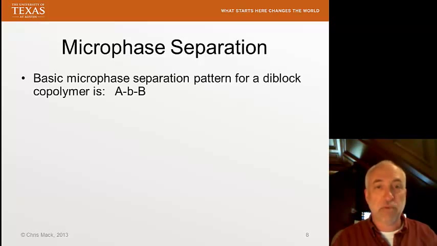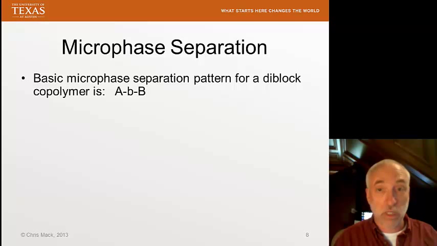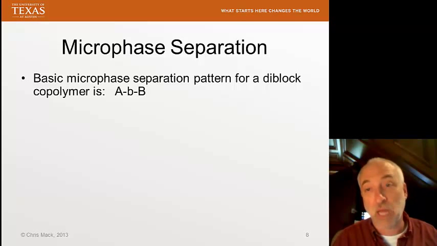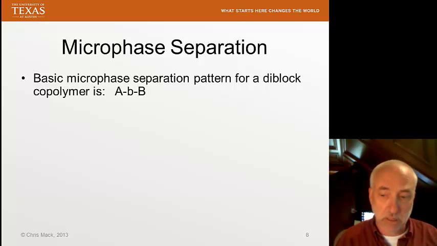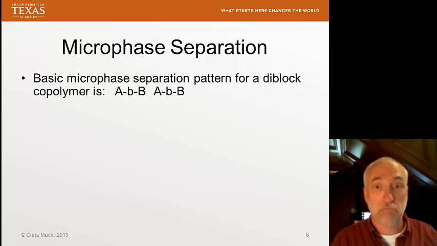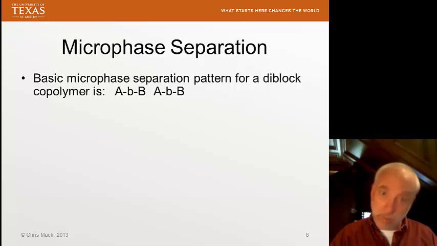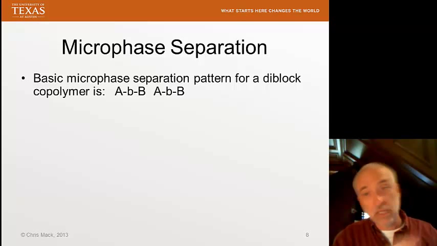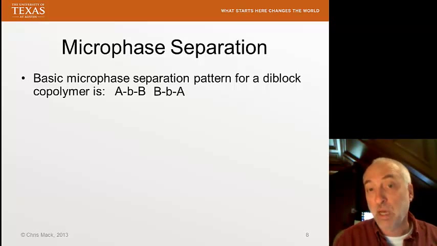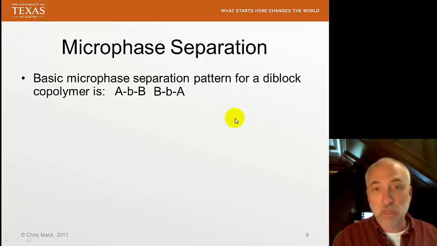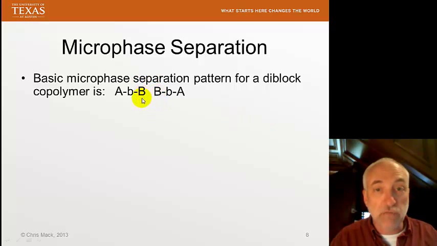This microphase separation for a simple linear diblock copolymer looks something like this. We start with, say, A-block-B, and then we bring another A-block-B by it, but the A and the B don't like each other, right? These two guys don't like each other. So if we supply a little bit of energy, like we heat it up so that it's enough energy for these molecules to move around, well, then that molecule will flip and rearrange itself so that the B's are next to each other, because that's a lower energy configuration.